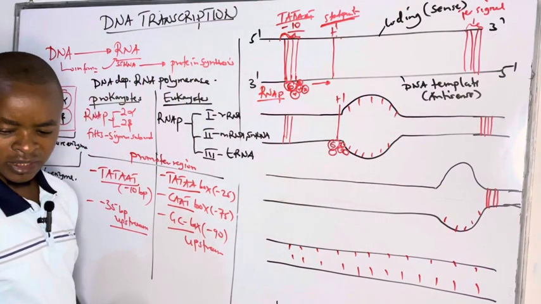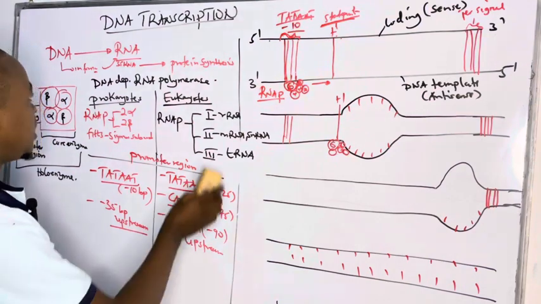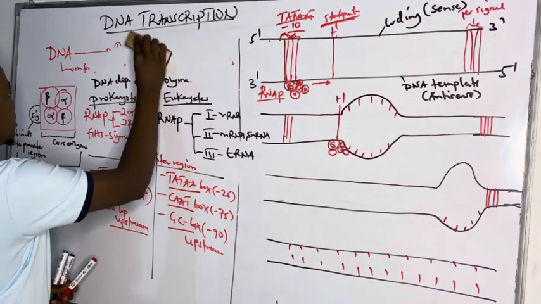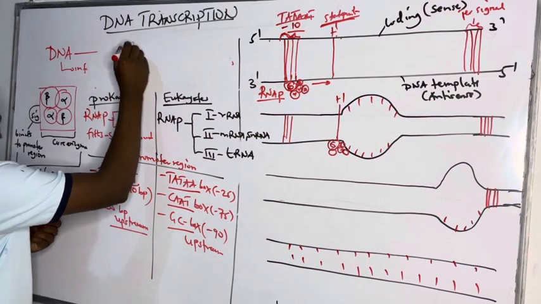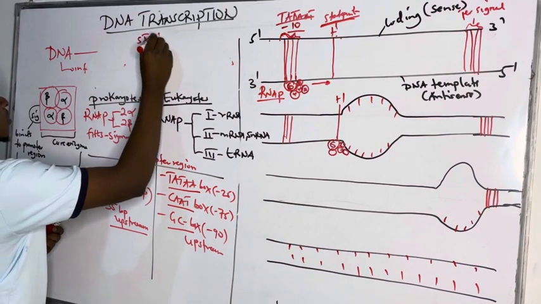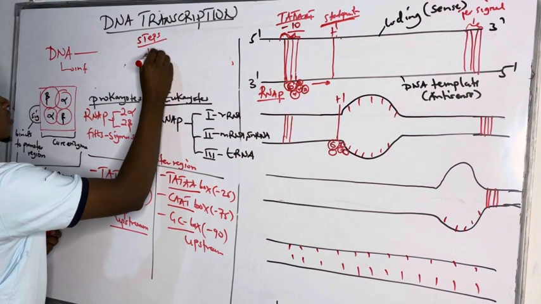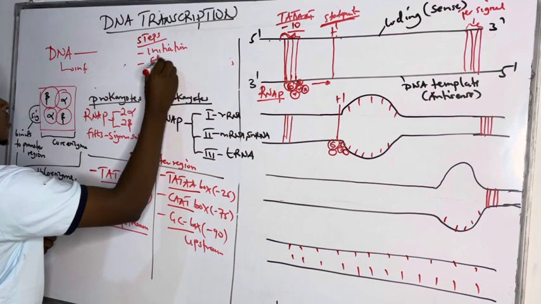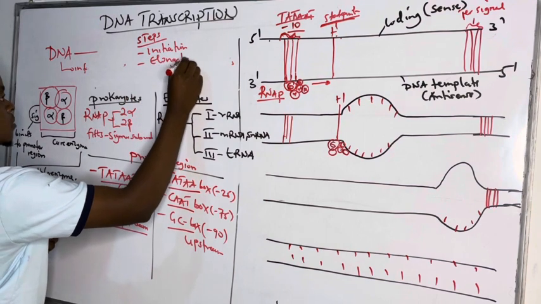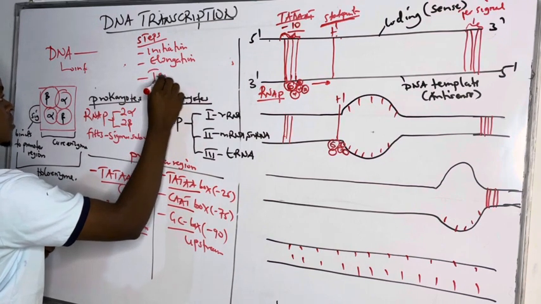As we normally tell you, these reactions occur in stages, whereby in the stages we have the steps. We have initiation, we have elongation, and we have termination.